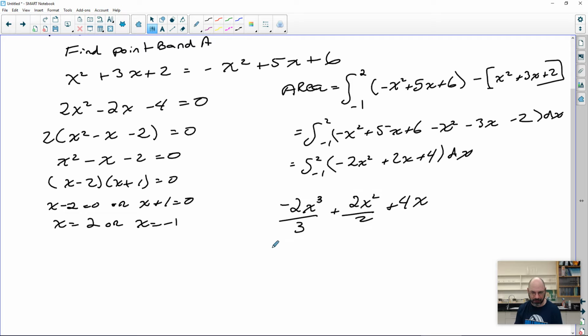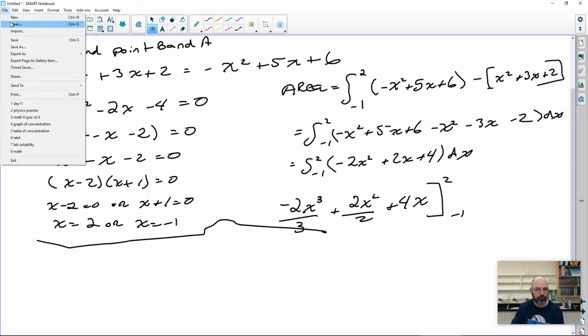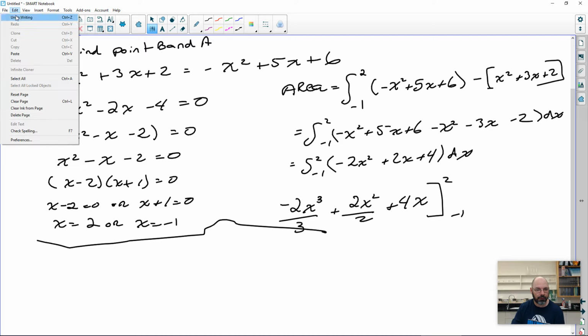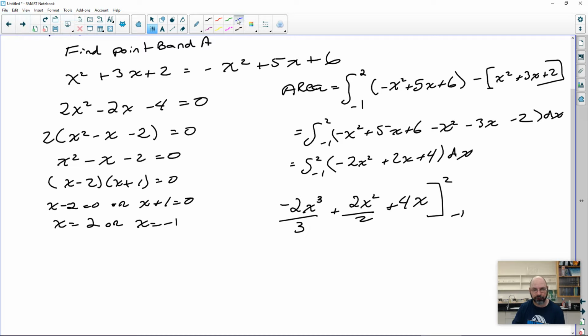We can do a little bit of simplification, and that's from 2 to negative 1. Let's just divide this so we don't get confused here.